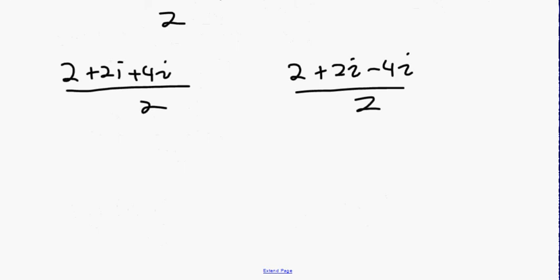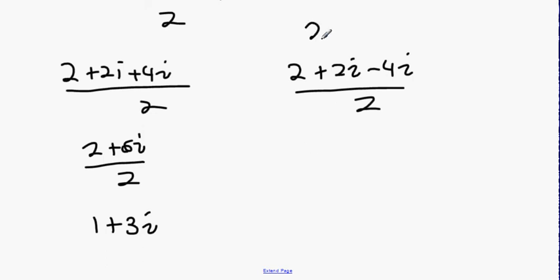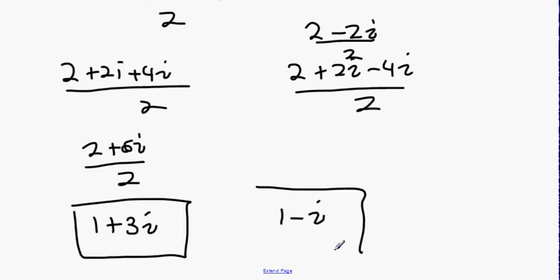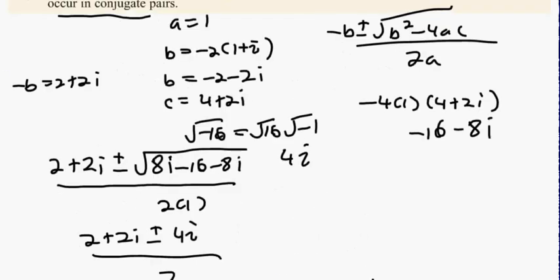So this time we're going to get 2 plus 6i divided by 2. It's going to be 1 plus 3i. Then the next one is going to be 2 minus 2i all over 2, which is going to be 1 minus i. Okay, so here are my two roots.